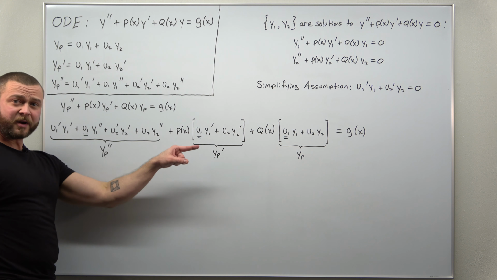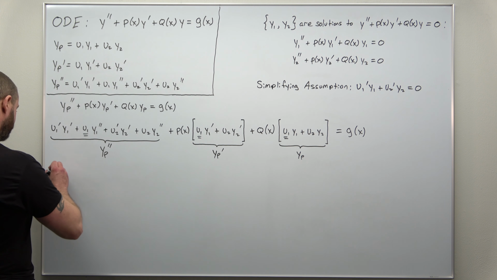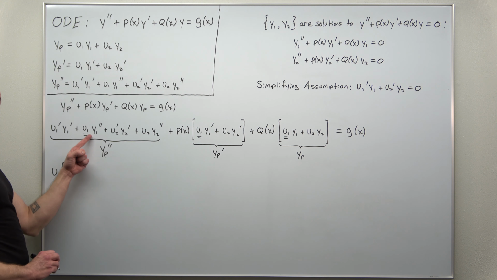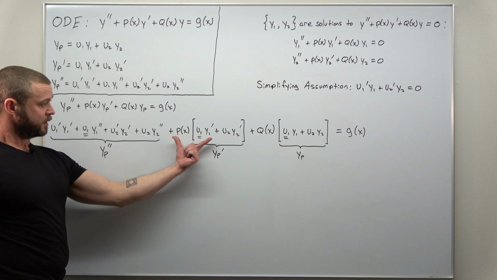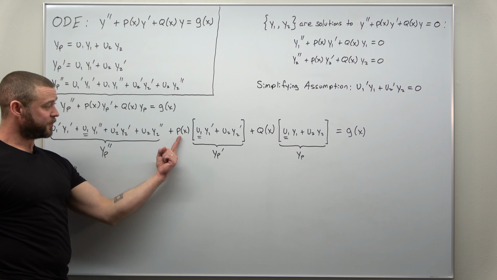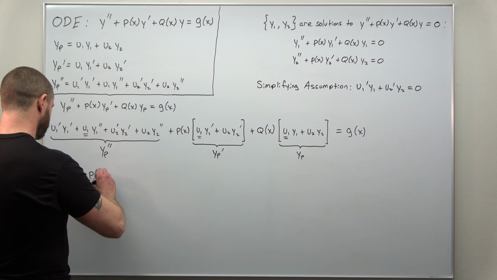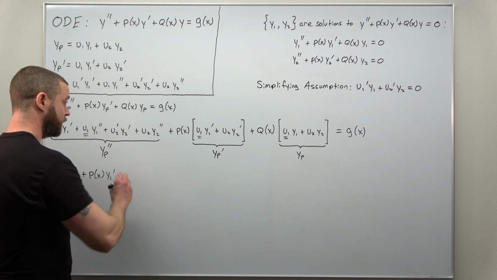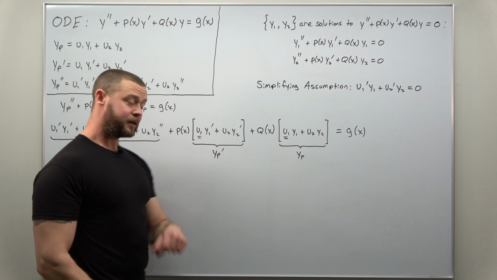So instead of distributing everything and then factoring out u1, let's just factor u1 out from here. Factoring u1 out, we'll be left with y1 double prime. Factor u1 out from here, we'll be left with p of x times y1 prime. And factor u1 out from here, you'll be left with q of x times y1.